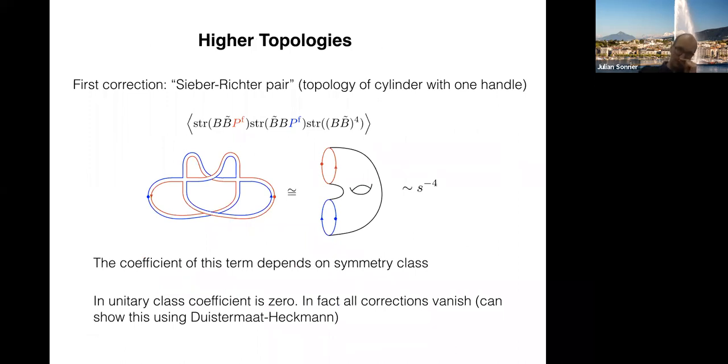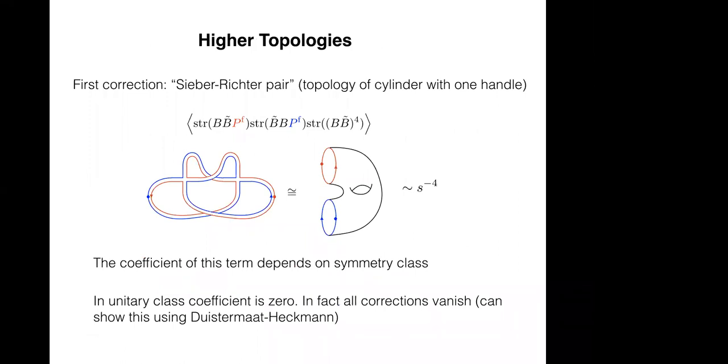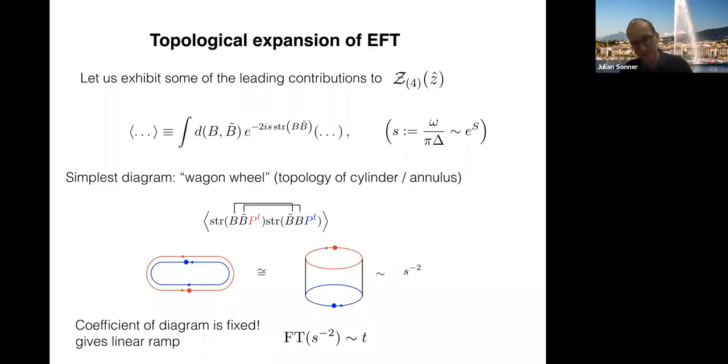All right. So now, but you can ask what happens for higher order terms. But maybe at this point still, it is important to say that there will be an expansion in 1 over little s squared. But this expansion from the point of view of the original theory is fully non-perturbative, right? This looks like a perturbative expansion in 1 over s squared, but each of these little s's comes with powers of e to the big S, right?